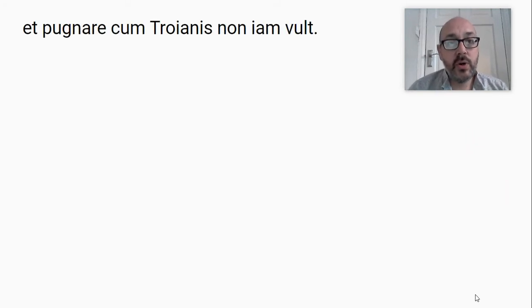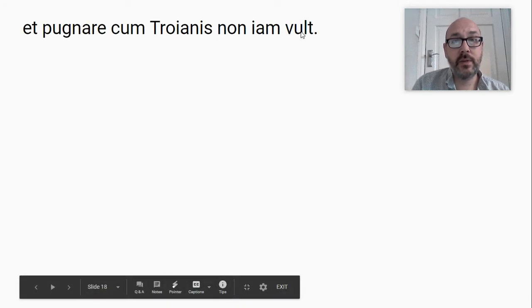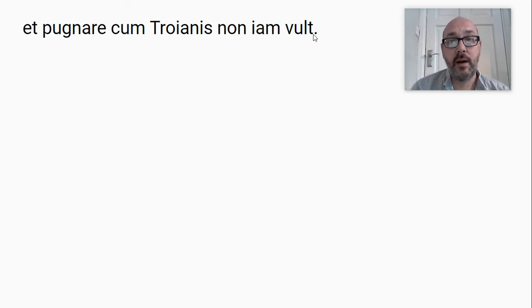Et pugnare cum Troianis non iam vult. Okay, so vult is a very peculiar looking word, isn't it? So this is an irregular verb. This means he wants. So it's, he doesn't want to fight with the Trojans.